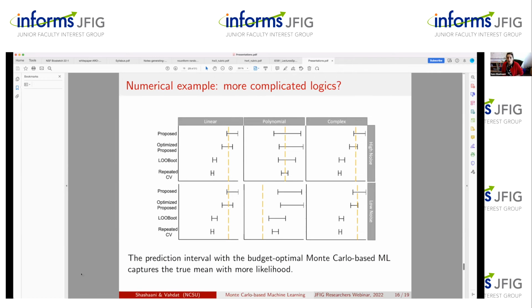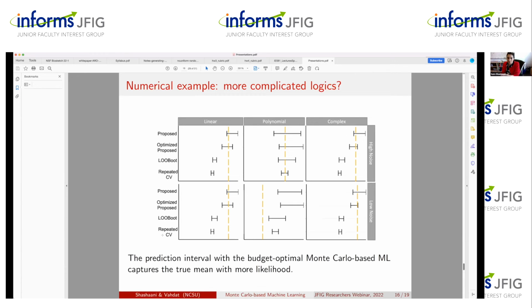Here's one more example. This is a machine learning problem where we have the true expected value that I'm showing with this yellow line. And these are the prediction intervals. This is just estimation, right? I'm estimating the output, and I want to know if the true value lies in my prediction interval.